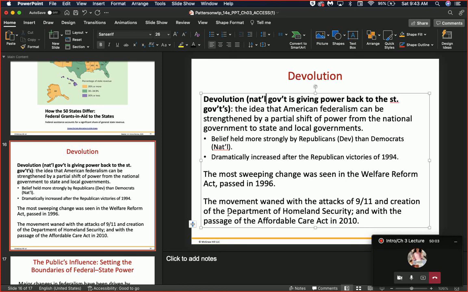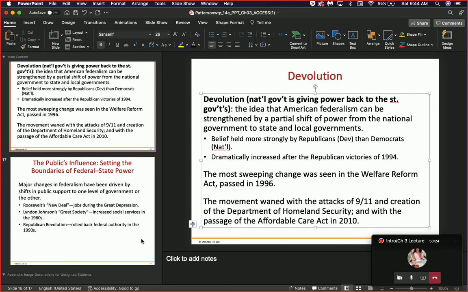They are the ones who usually handle terrorist threats and that sort of thing. And with the passage of the Affordable Care Act in 2010, remember that really took healthcare into the national level's hands. Okay, that was another process of nationalization under this Affordable Care Act.